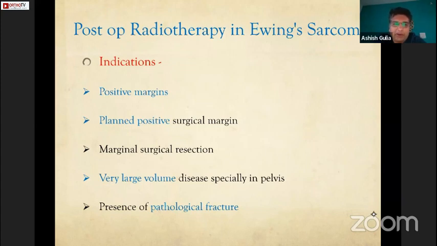Getting a very close or positive margin, if you have planned a positive margin in a focal area, if you could not do wide excision and you just had a marginal surgical resection, if the Ewing sarcoma tumor disease volume was more than 300 milliliters, and presence of pathological fracture, these are the indications where we end up giving post-operative radiotherapy in Ewing's sarcoma. And this has shown that it decreases the local recurrence and eventually improves the oncological outcomes.